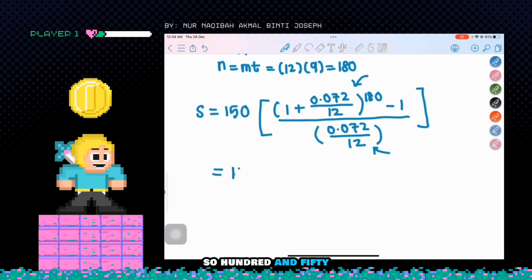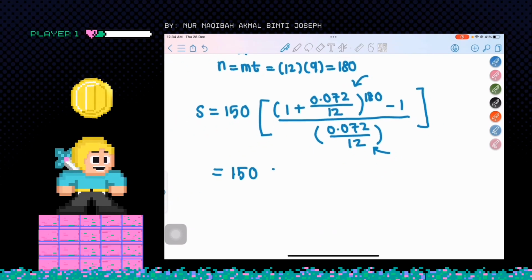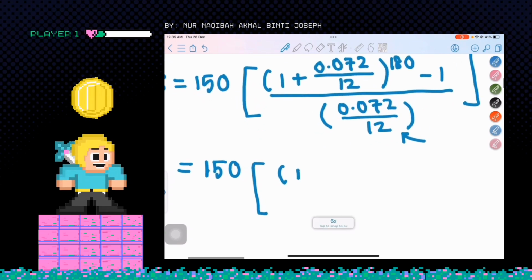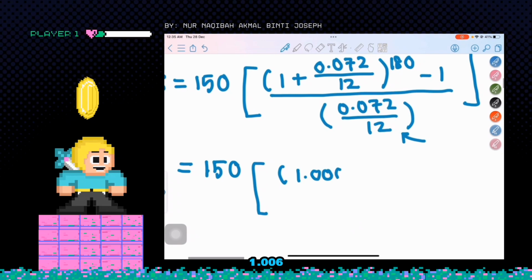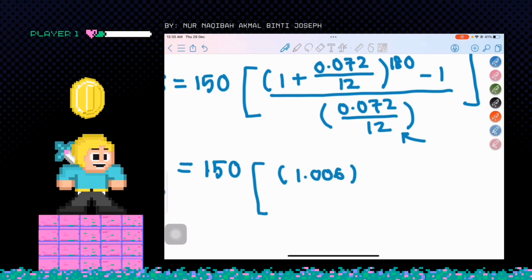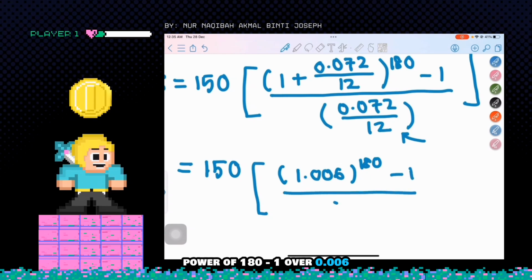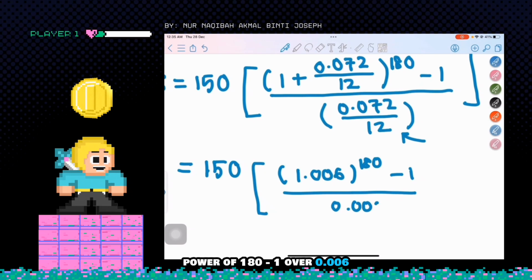So 150 times 1.006 to the power of 180 minus 1, over 0.006.